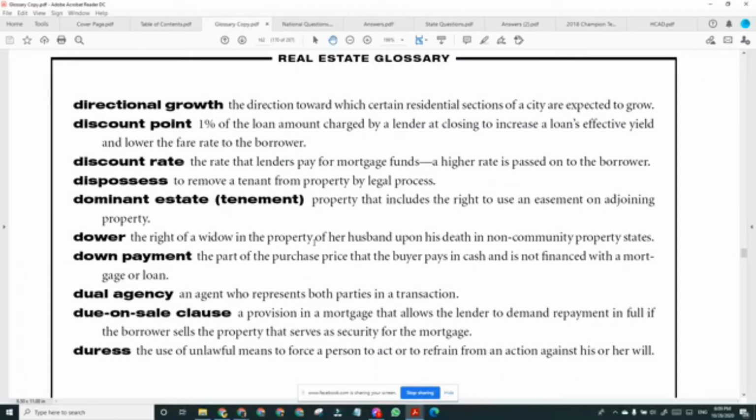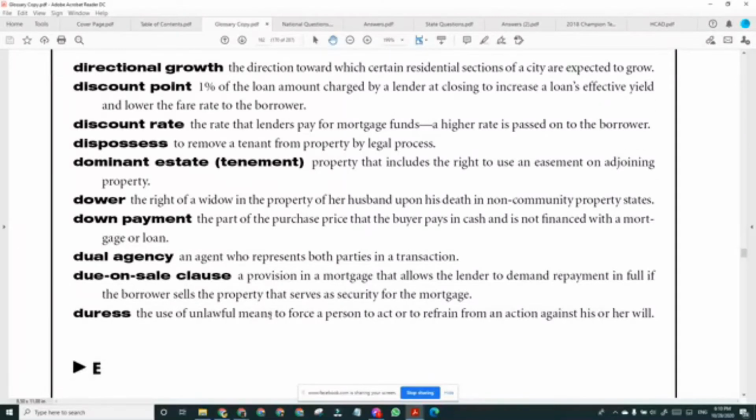Once that easement is recorded, you are the dominant estate, the tenement, like the tenant, okay? And you have a right to use that easement. That owner cannot cancel that unless, let's say, you end up building a new road, you install a new well, you install a new septic, whatever the easement may be, you can create your own and then remove that easement.